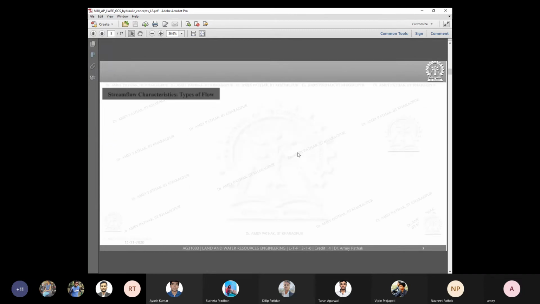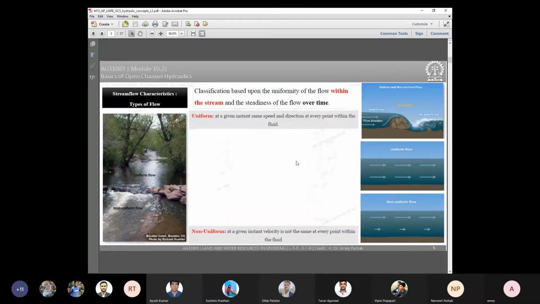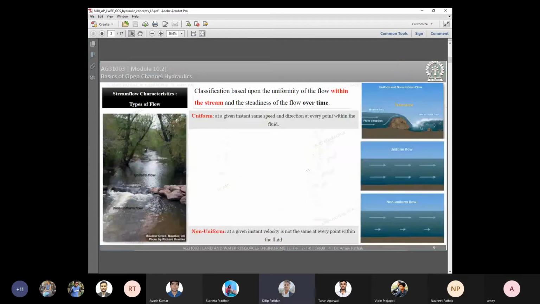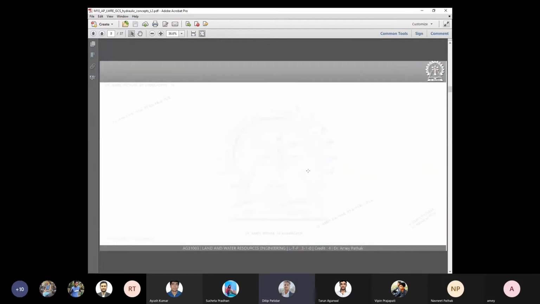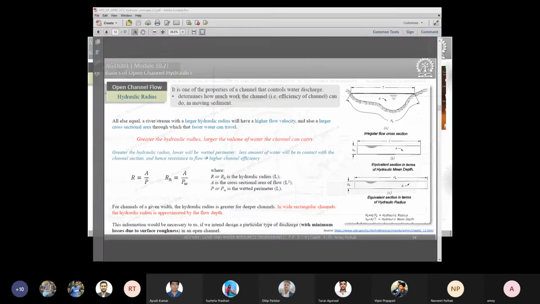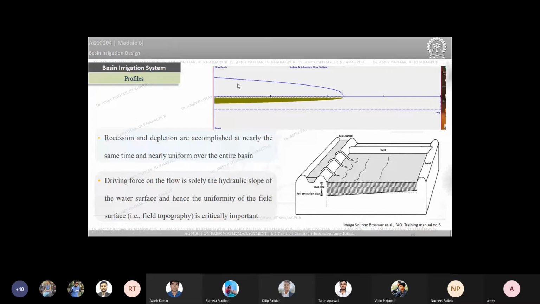In Manning's equation, we were taking S equal to S0, bed slope equals channel slope. Coming to this profile, this is the surface profile and this is your subsurface profile.